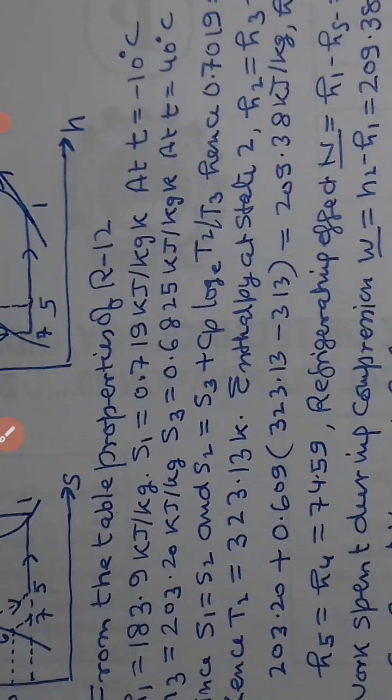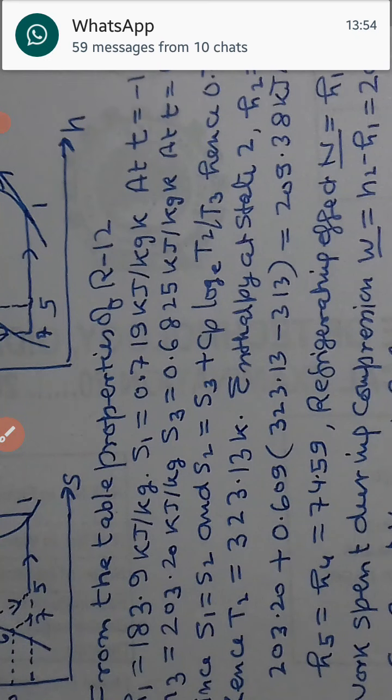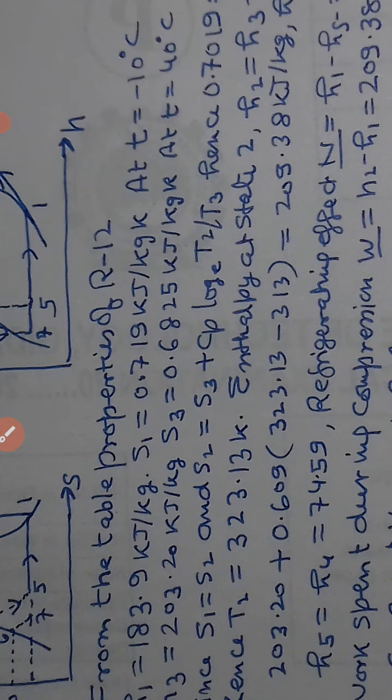Hence putting the values: 0.7019 is equal to 0.6852 plus 0.609 ln(T2/313). Calculating this, we get the value of T2, and that comes out to be 323.13 K.